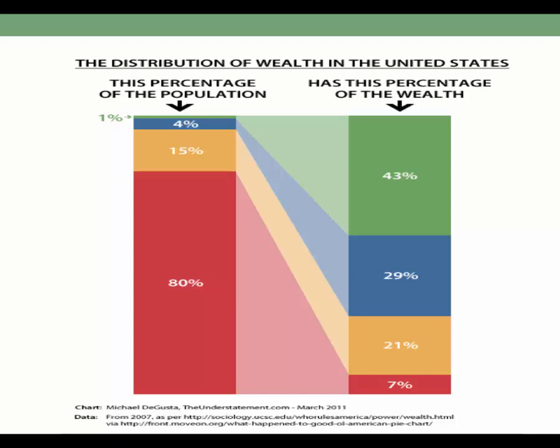So all that together, 1, 4, 15, that is that top quintile. So the top 20% of American households have about 93% of our nation's assets, primarily in the form of stocks and bonds, businesses.